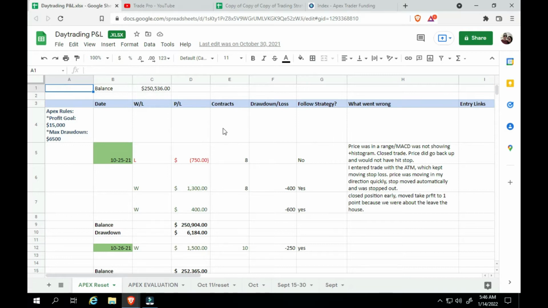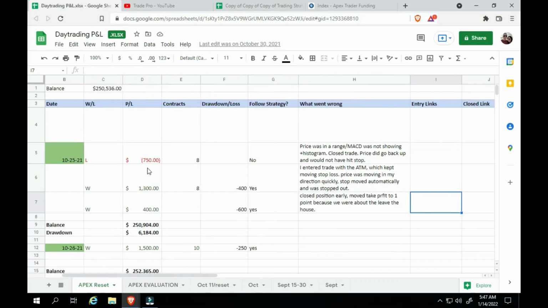I would put whether I won or lost, my profit and loss number, how many contracts I was using, if I had any drawdown or actual loss in the trade, and if I followed my strategy. I'll also put on the side what went wrong and what went right.